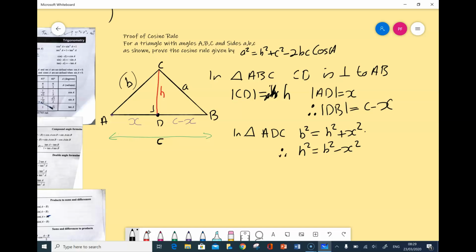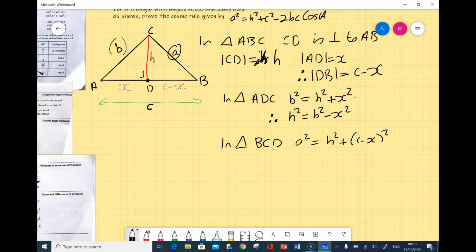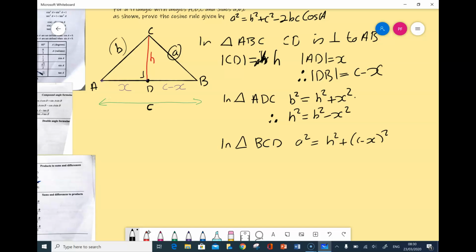Then I'll focus on the other triangle, BCD, and do the same thing again. This time a is the hypotenuse: a squared equals h squared plus (c minus x) squared. So h squared equals a squared minus (c minus x) squared.